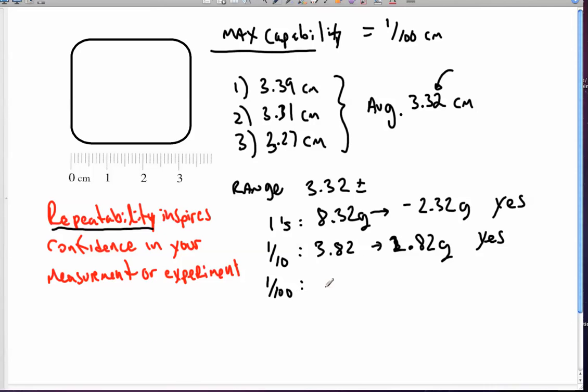Now let's go down to the hundredths place. In the hundredths place, we're again going to create a range, this time 5 hundredths above and 5 hundredths below our average. So 5 hundredths above is 3.37, and 5 hundredths below is 3.27 grams.